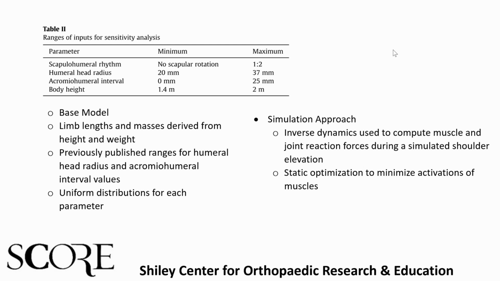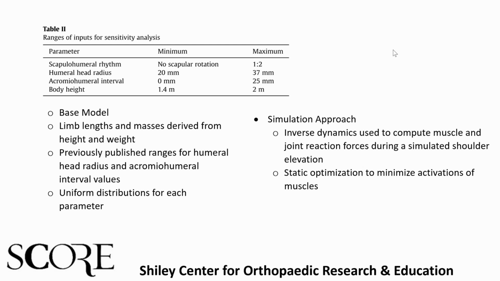And these are important variables because AnyBody then uses these two parameters to calculate the lengths of the limbs and the masses of the limbs, which obviously affect the biomechanics of the model.